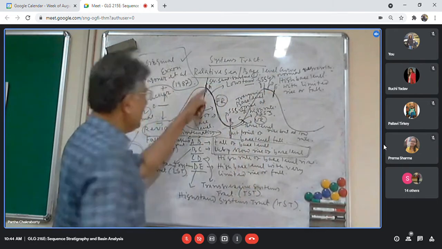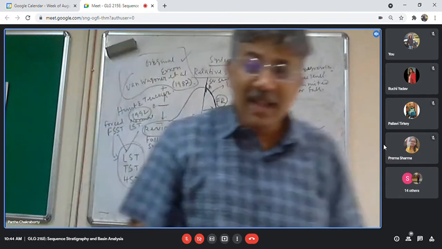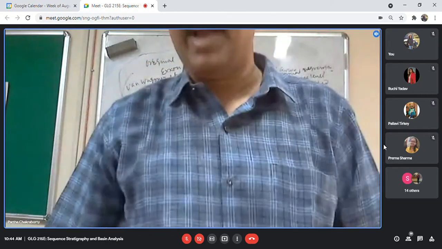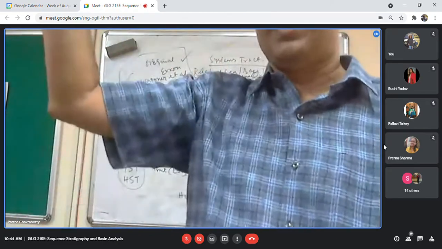So there are different surfaces which are equally important as the system tracts, because the system tracts are known by their bounding surfaces.